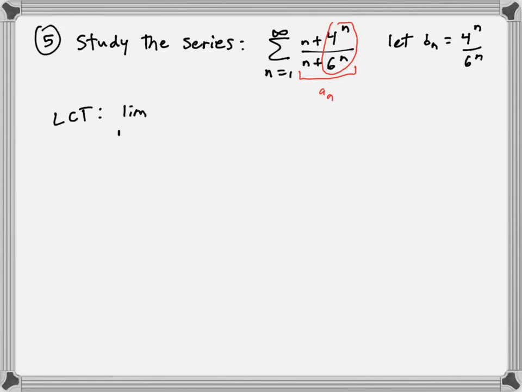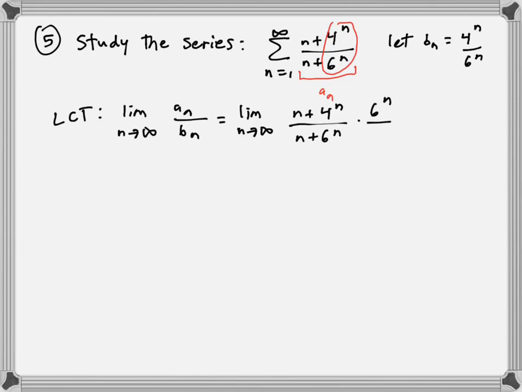We're going to do the limit as n goes to infinity of a_n over b_n. This is equal to the limit as n goes to infinity of (n+4^n) over (n+6^n) times 6^n over 4^n.